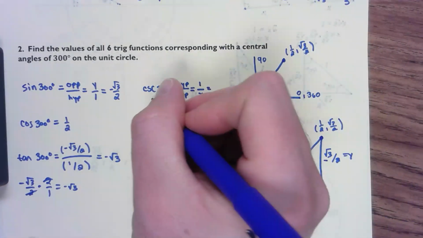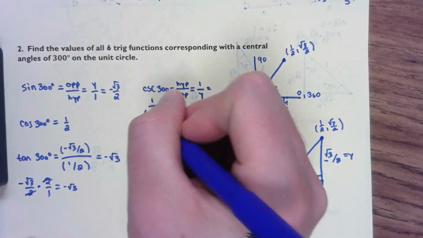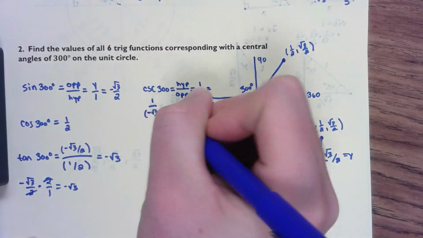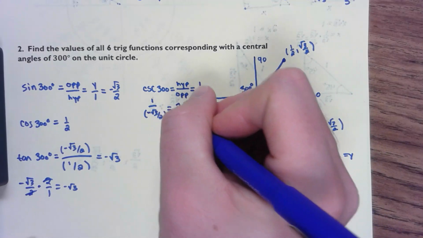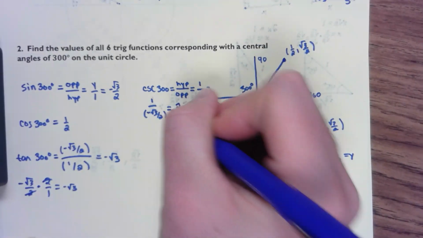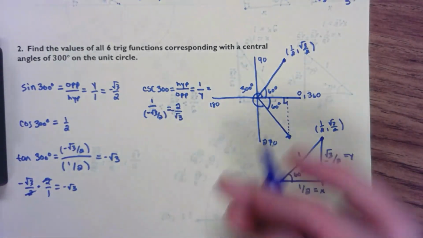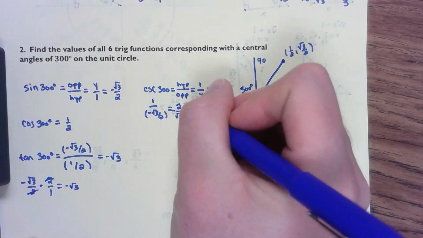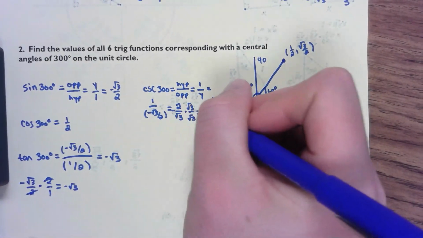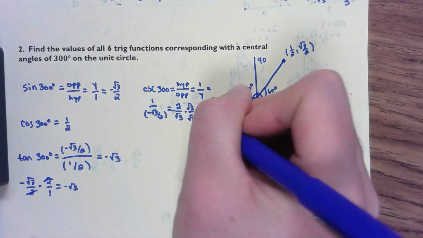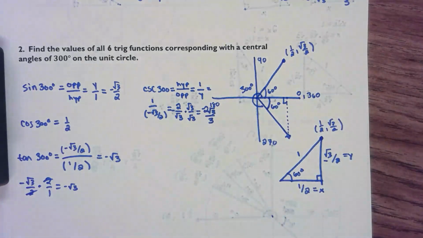So to find this value, I'm going to take 1 over negative root 3 over 2, which ends up being 2 over root 3 and negative. And I need to get rid of that square root in the denominator by multiplying by root 3 over root 3. So it's negative 2 root 3 over 3.